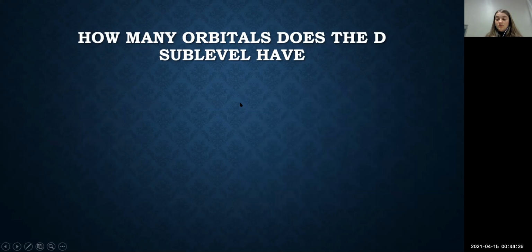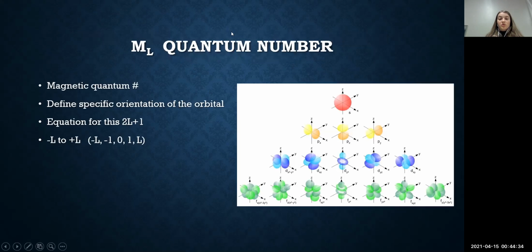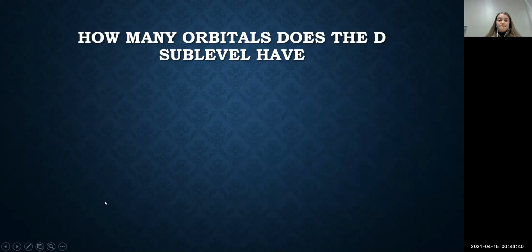So, practice question. How many orbitals does the d sublevel have? And that's just going to be using what we just learned with the magnetic quantum number here. Let's look at our answers. Okay. Yes, this is not a practice question. Whoops.